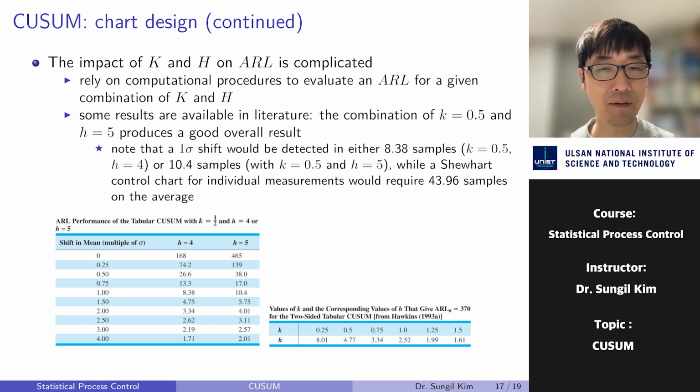Recall that for the same mean shift, the Shewhart control chart would require 43.96 samples on average. The right table shows the value of K and the corresponding H that gives ARL0 to be 370. As you see, as K increases, the corresponding H decreases.